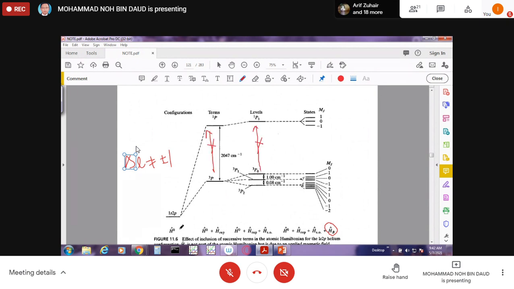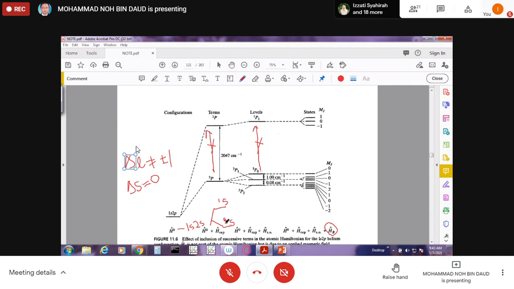Or here, for example, we have this 1s 2s, and we have this singlet S and this triplet S. We must determine this delta S to be 0.